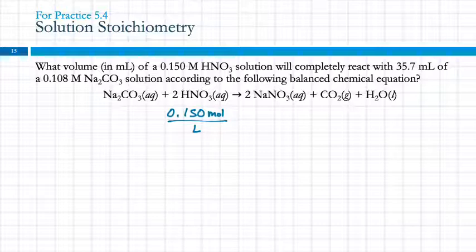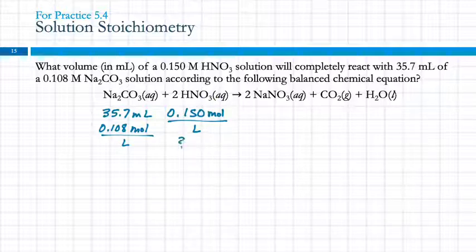So I've got the concentration in there, and then the next number I've got is 35.7 milliliters of this substance. I'm going to write that under its formula, 35.7 milliliters. And it also tells me 0.108 molar for that substance, moles per liter. And then I have to ask myself, what's the question? What volume in milliliters of this one?